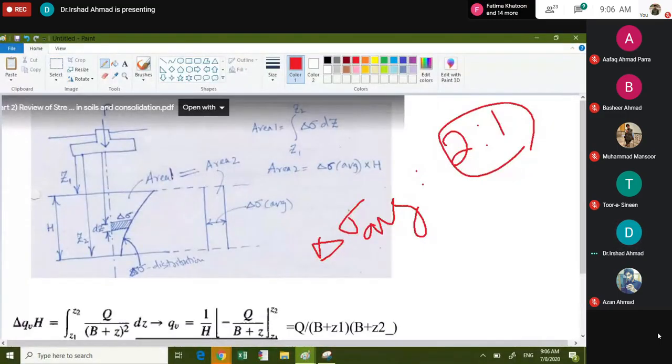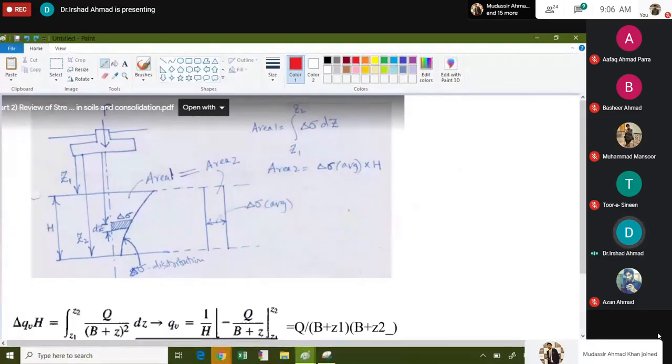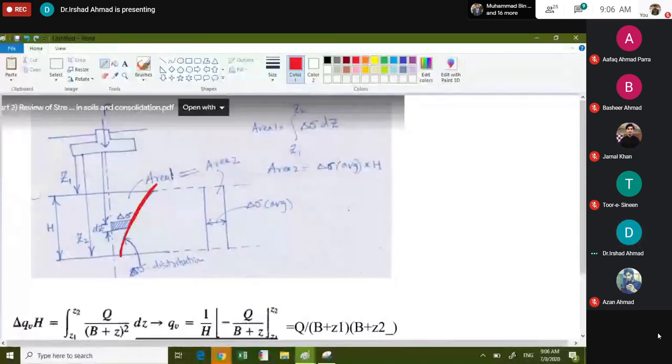So let's do it. This is the stress distribution you found out using the slope 2 to 1 method at different depths. Right?